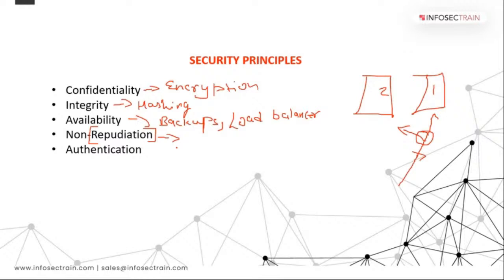Anyone else who wants to add something to this definition? Unable to deny an action. There are two things only. Repeated data, no changes made. Okay, so no changes are made.